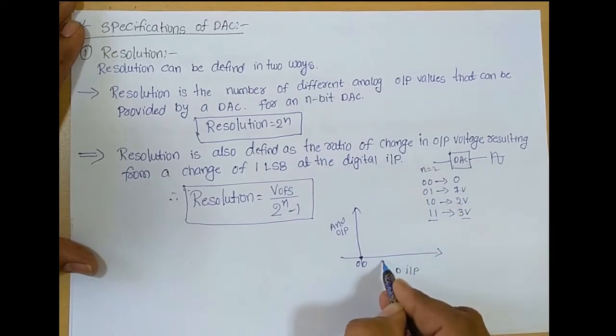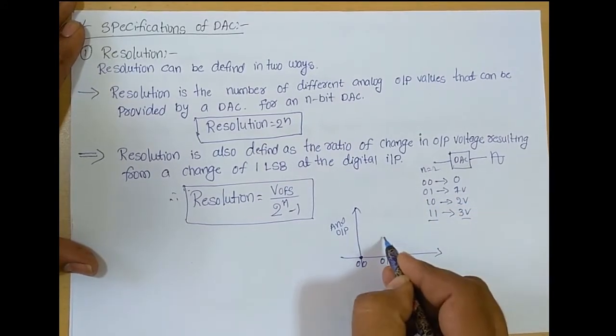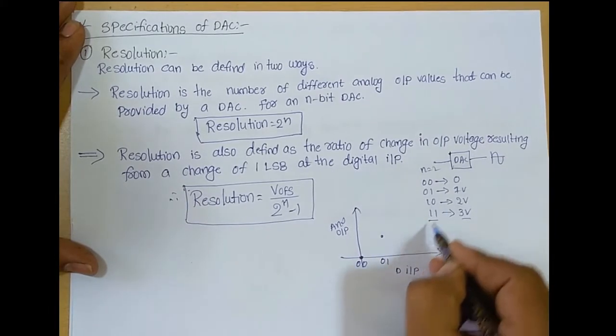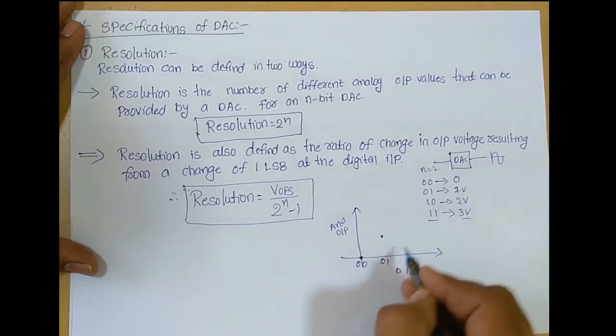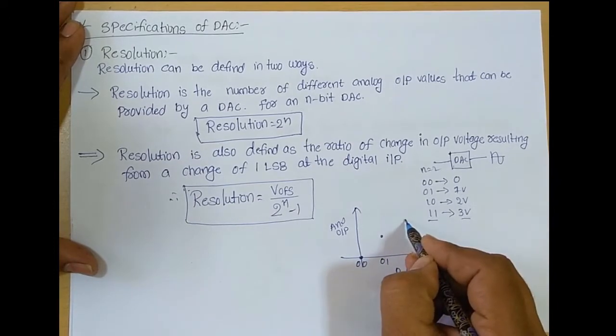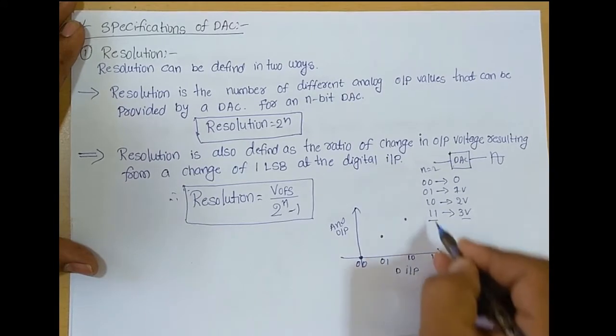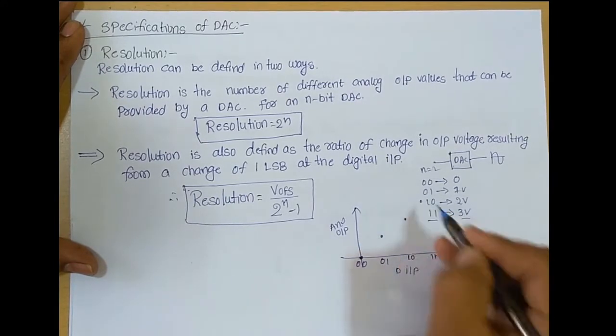Similarly if we give the input bits 0 1, then we get the analog output voltage of 1 volt. Again, if we give the input digital bits 1 0, the analog output is 2 volts, and if we give the bits 1 1, then we get the analog output voltage of 3 volts.